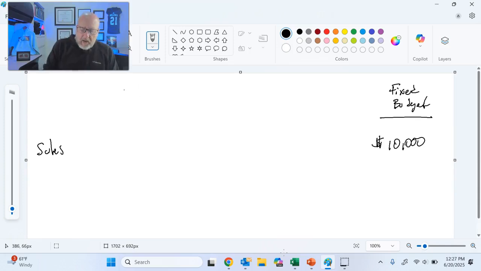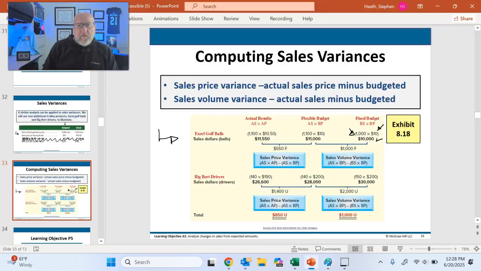Then we have our actual results. And our actual results was that we sold 1,100 and we sold every one for $10.50. And therefore our actual sales were 11,550.